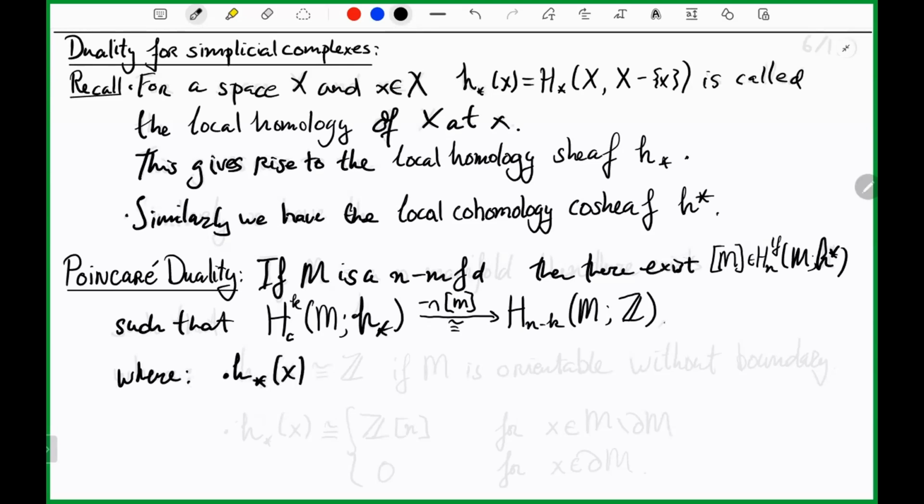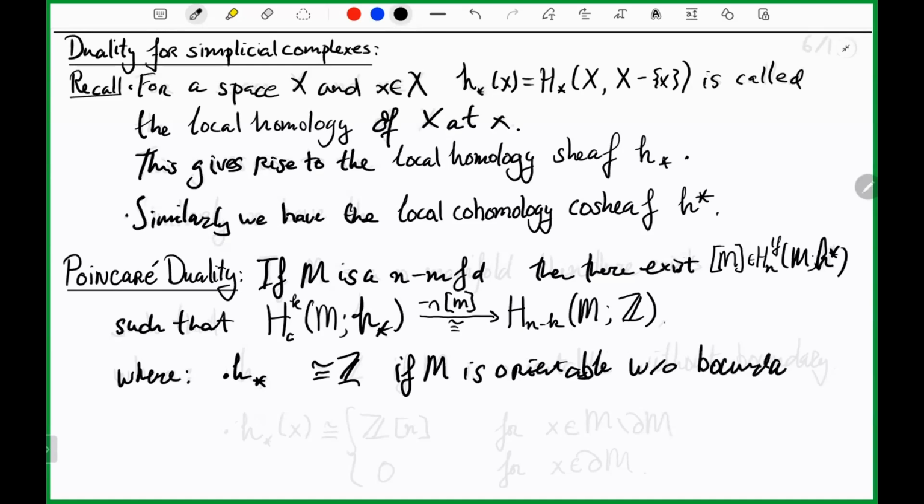If you're a manifold, then it turns out by the Euclidean property that the local homology at every point is just a copy of Z. And if M is orientable, then the local homology sheaf just trivializes to the trivial sheaf Z, and you recover the usual statement.